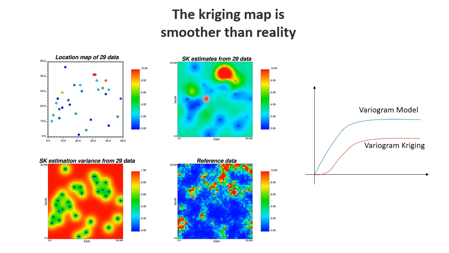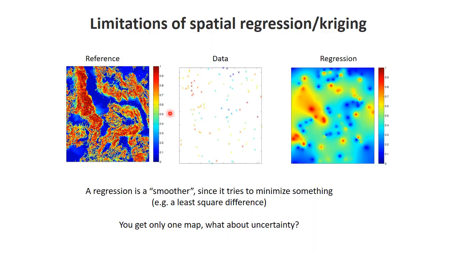So if we use a smooth map, we'll get completely wrong predictions, for example, of the drawdown if I would be pumping in a well, or if I would be doing tracer injection, the tracer arrival times would be wrong. And in addition, I only get one answer, and so I would not be able to quantify uncertainty. So that is the limitation of spatial regression.